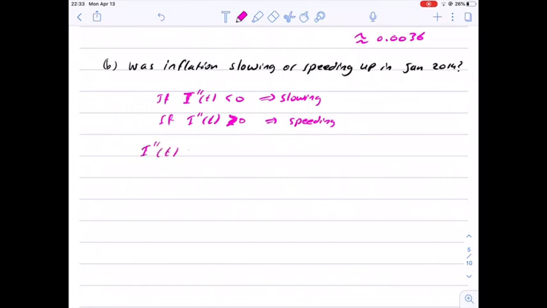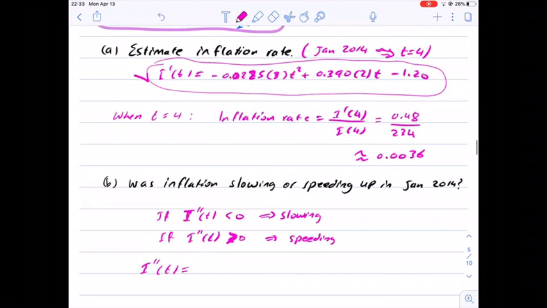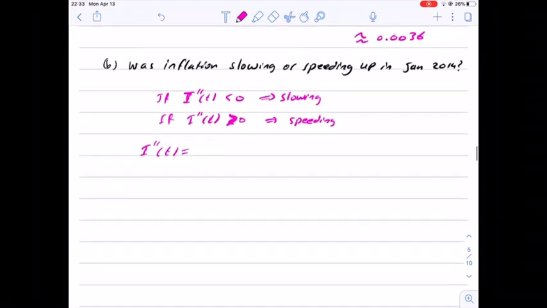So let's find I double prime of t. We need to differentiate the first derivative with respect to t. The derivative will give us negative 0.135 t plus 0.780, and then we plug 4 into this formula.